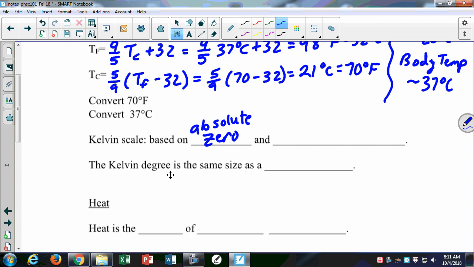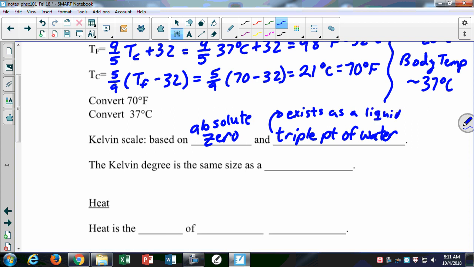So the Kelvin scale is based on absolute zero, and it's based on the triple point of water. The triple point of water is when water exists as a liquid, solid, and vapor, or gas, all at the same time.